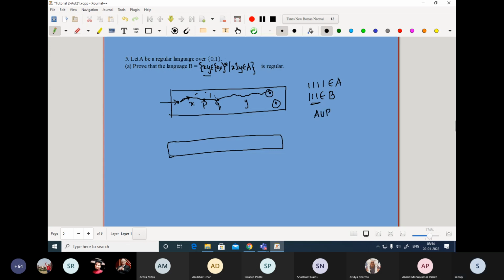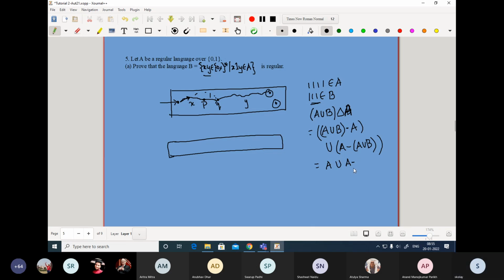A union B, symmetric difference A. So that will be A union B minus A, union A minus A union B. So this would be A minus B.